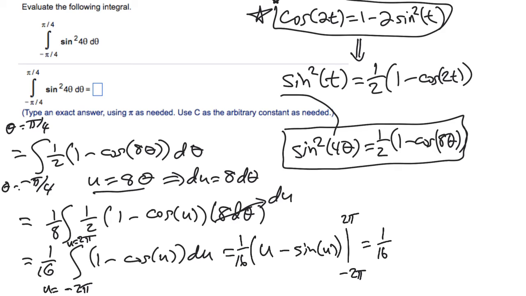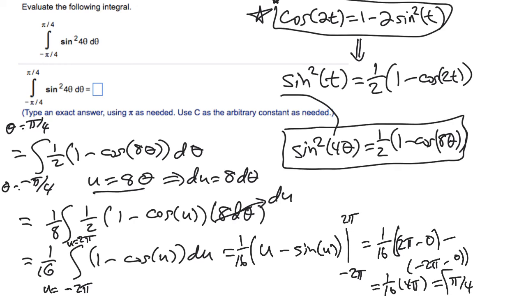So I have 1/16 times (2 pi minus sine of 2 pi, which is 0, minus negative 2 pi minus, well, sine of negative 2 pi is 0). So altogether I have 1/16 times 4 pi, which is pi over 4. And that'll be my answer.